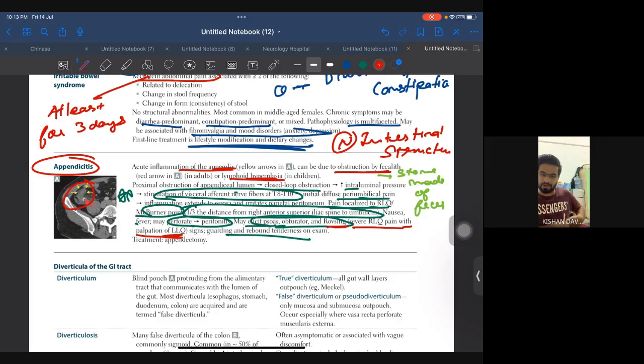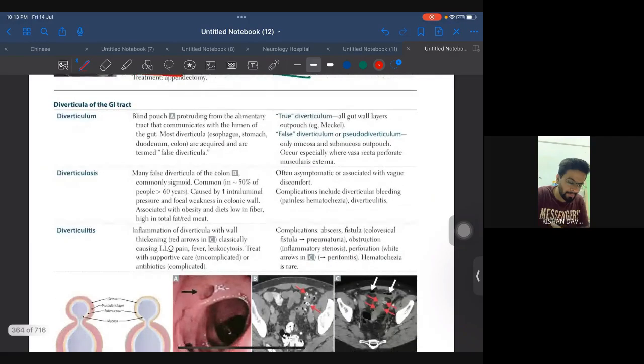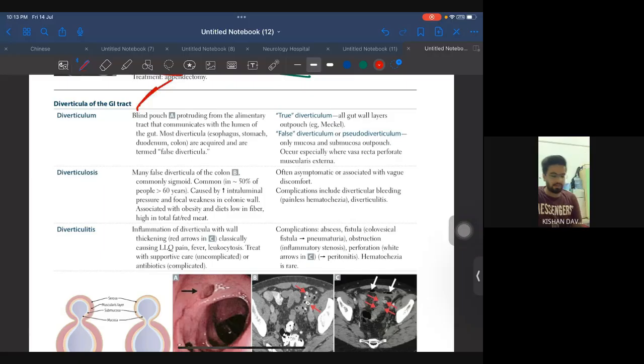So if you palpate the left lower quadrant, you get pain on the right. That is Rovsing sign. Okay. So this is all about appendicitis, treatment appendectomy. Okay, not very high yield. One or two questions are there in UWorld. Okay, coming to the diverticula.